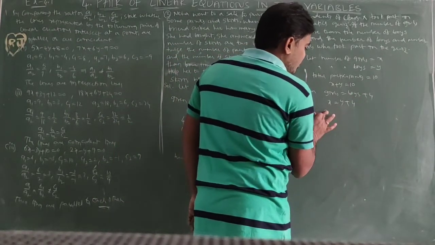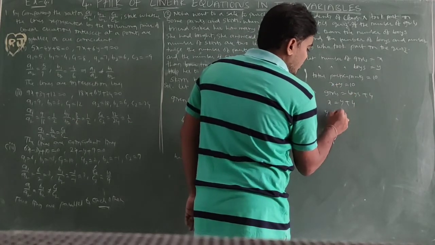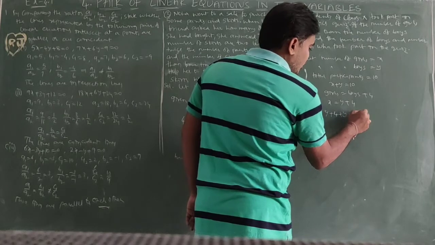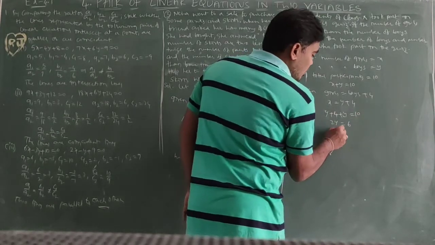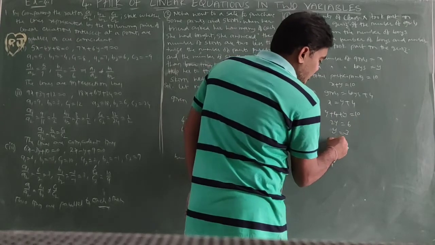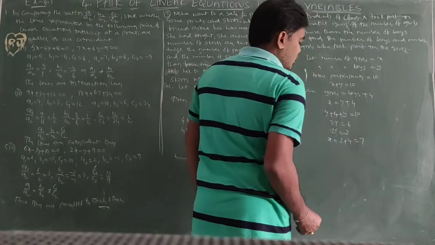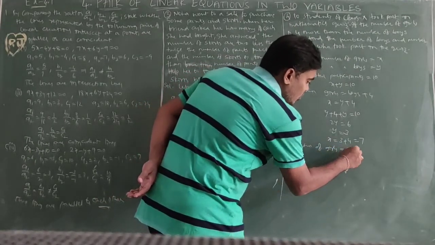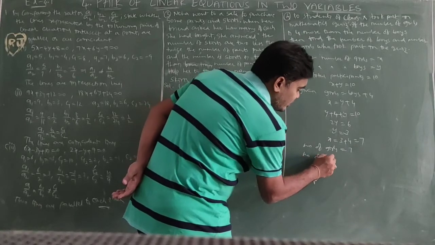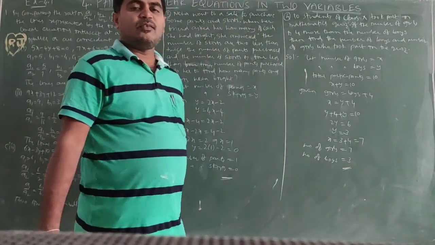So y plus 4 plus y equals 10, 2y equals 6. Y equals 3, x equals 3 plus 4 equals 7. So the number of girls equals 7 and the number of boys equals 3. So this is the required solution.